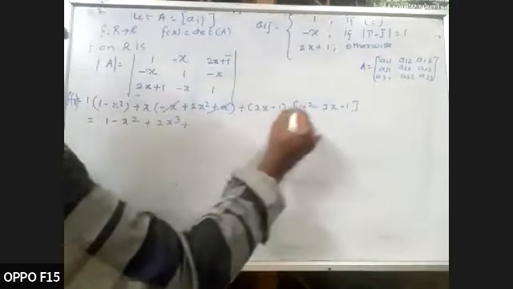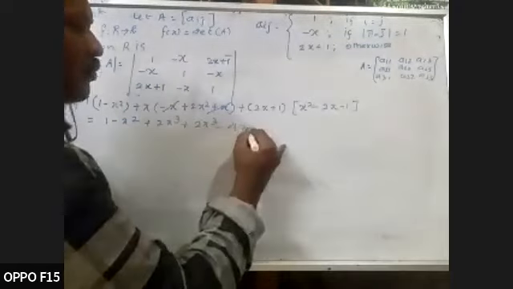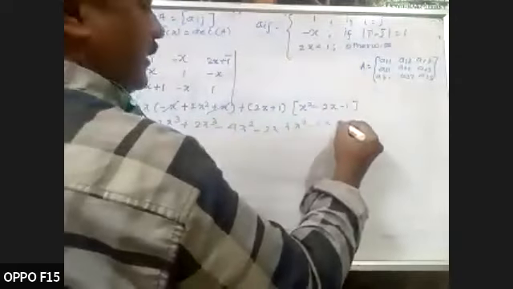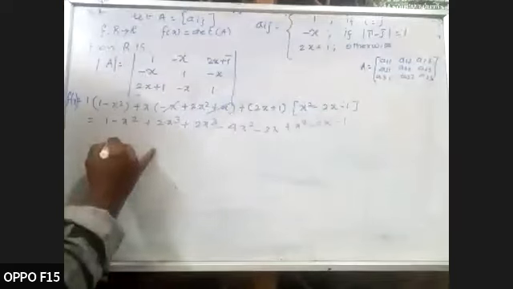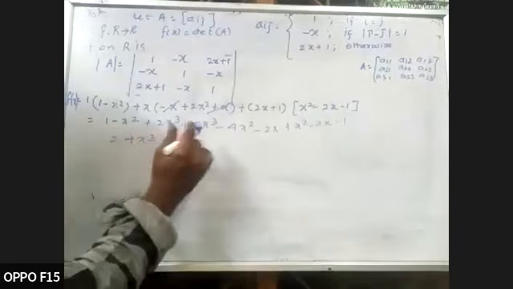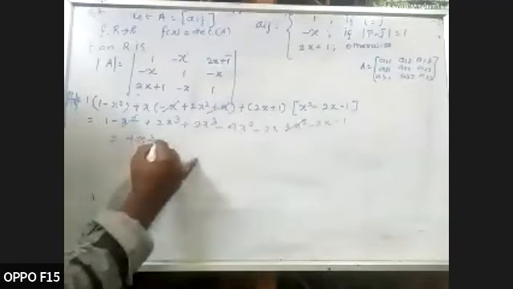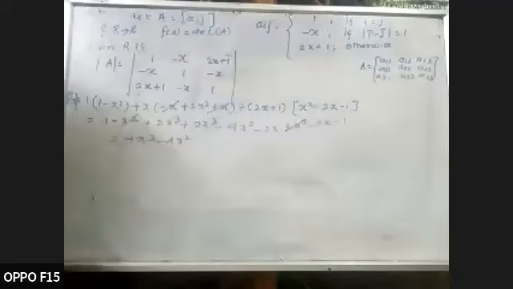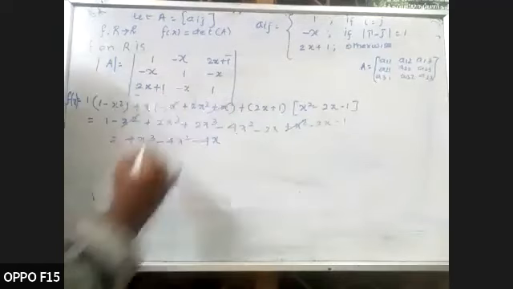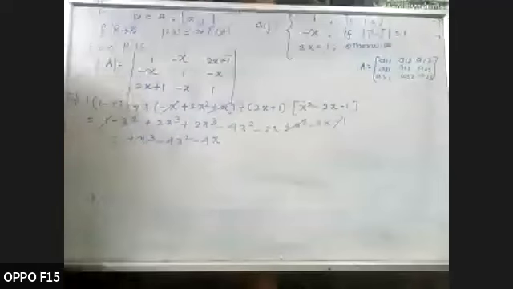Multiply: 2x into x square is 2x cubed. 2x into 2 is 4x square, minus 2x, plus x square, minus 2x, minus 1. Now simplify. 2x cubed plus 2x cubed gives 4x cubed. Next, x square terms: minus 4x square plus x square minus x square get cancelled. We have minus x square. Next, minus 2x, which gives minus 4x. 1 minus 1 gets cancelled.